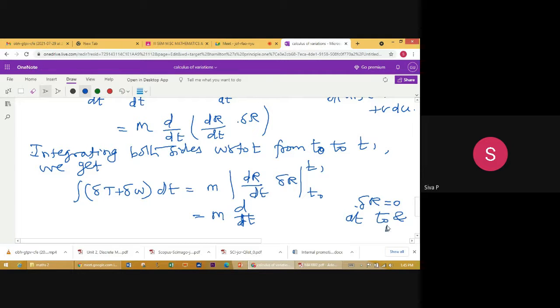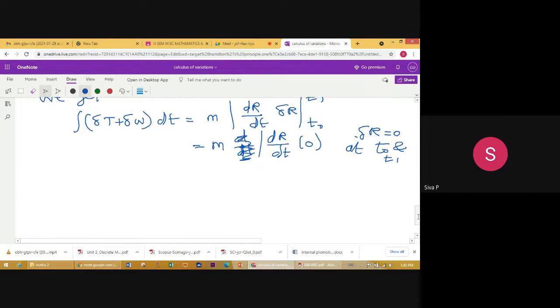So dr by dt, delta r is 0 here. Already I have given that one important note a few classes before, that delta r equal to 0.